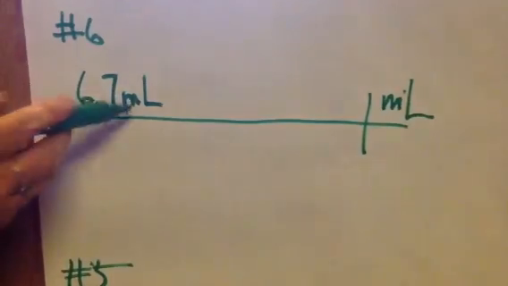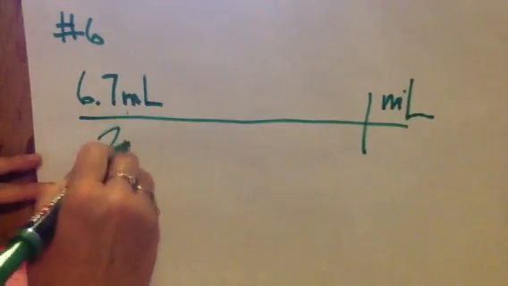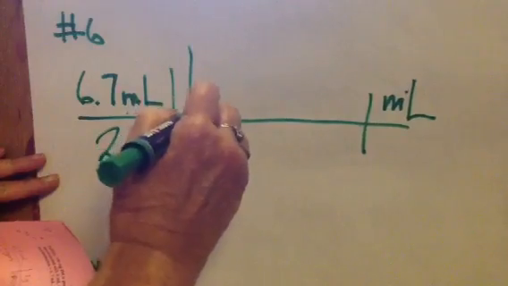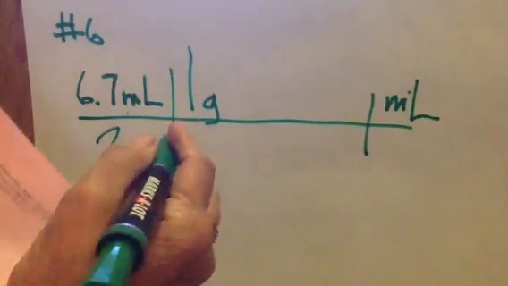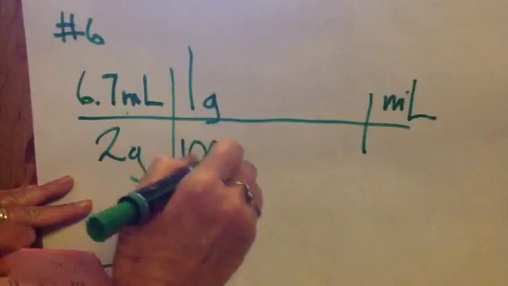Again, we're matching the numerators. In that, we have 2 grams of medication. We have a conversion in here of 1,000 milligrams to 1 gram.